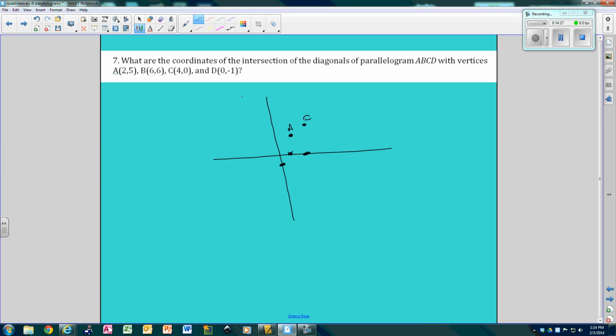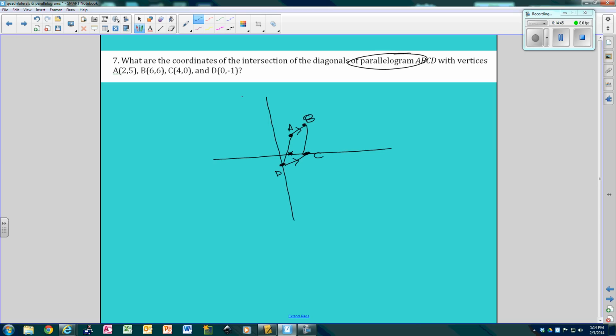So we've got A, B, C, and D. So now when I connect the points, yeah, this doesn't look like a parallelogram, but we're going to pretend it's pretty. Okay, this is a parallelogram because they're telling me it's a parallelogram.